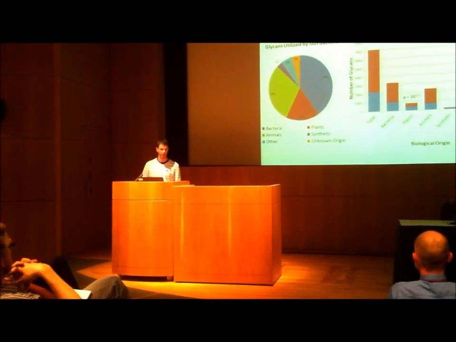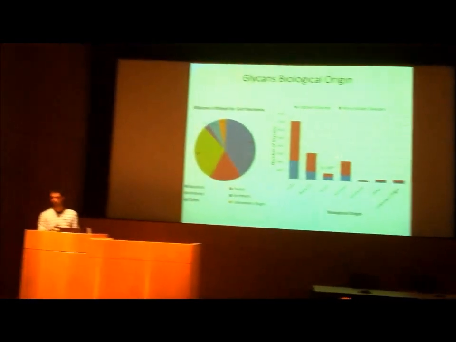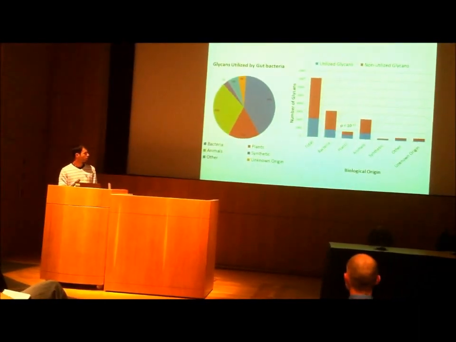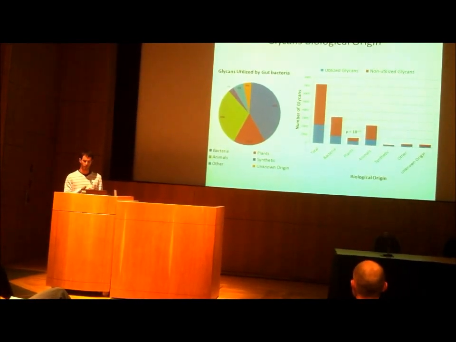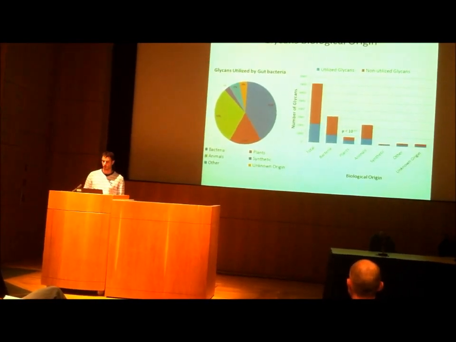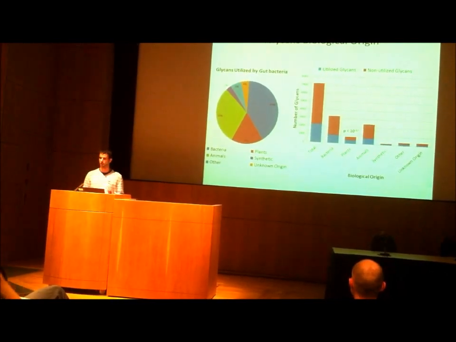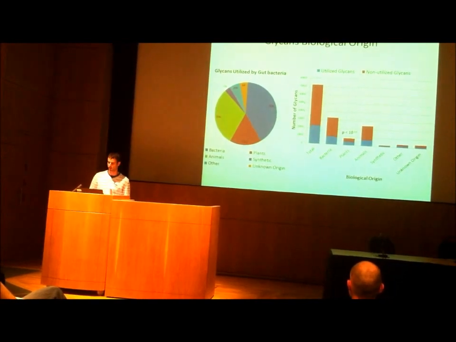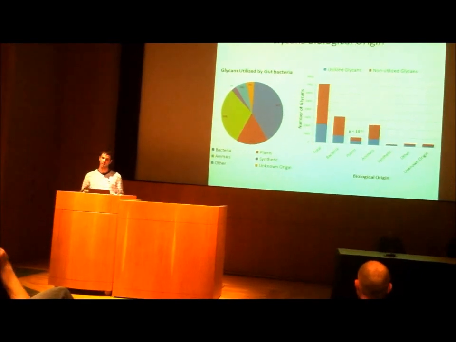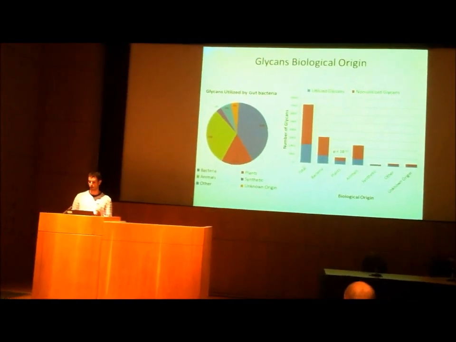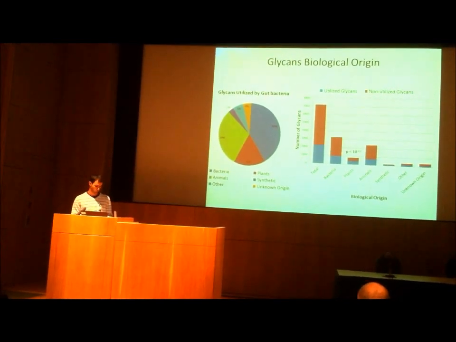But what is interesting here is that if we look at specific biological origins and compare the fraction of utilized glycans out of the total glycans from the same biological origin, we see that only glycans from plants are utilized significantly more than what you would expect. So this means, perhaps like we thought, that gut microbes are highly adapted to utilizing plant glycans.